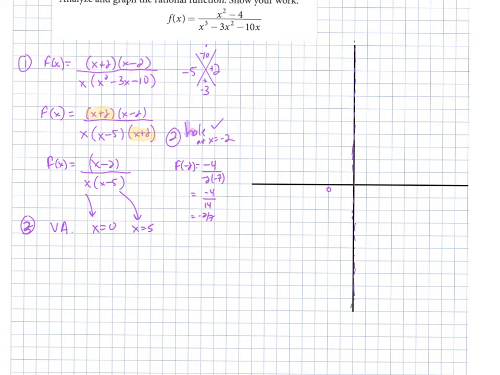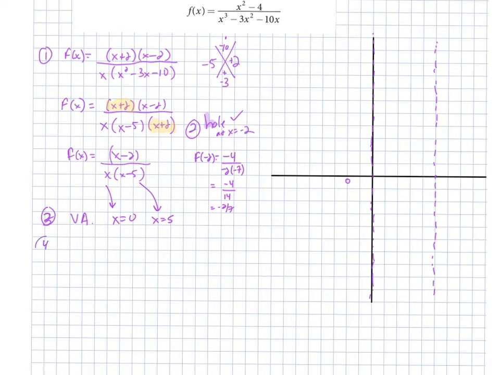That also means there'll be no y-intercept here. And then 1, 2, 3, 4, 5, x equals 5. My next step is going to be my horizontal asymptote. Looking at the original, the bottom degree was larger. So that means it's going to be a horizontal asymptote at y equals 0 by definition.